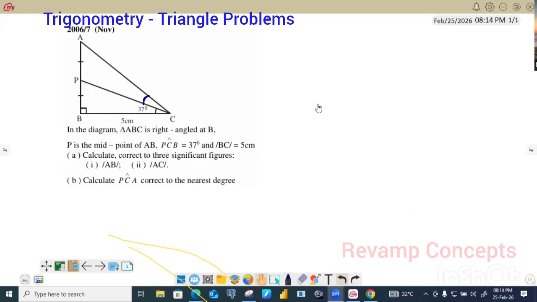To find line AB, we may follow the shortest way to first calculate line PB, so that double of line PB will give us line AB.